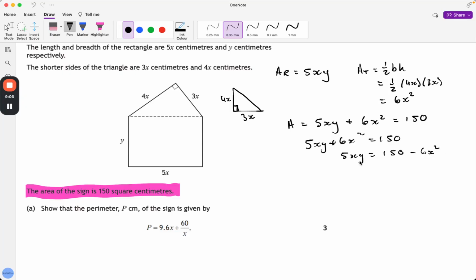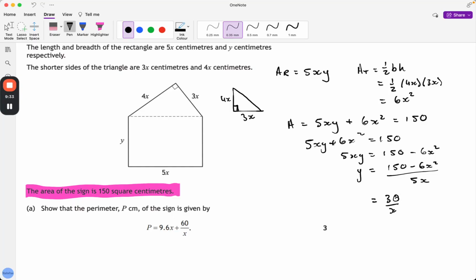And then I want to divide both sides by 5x, just to get y on its own. So technically we've got 150 minus 6x squared all over 5x. And then we can rewrite that a little bit nicer, because 150 divided by 5x is just going to give us 30 over x.